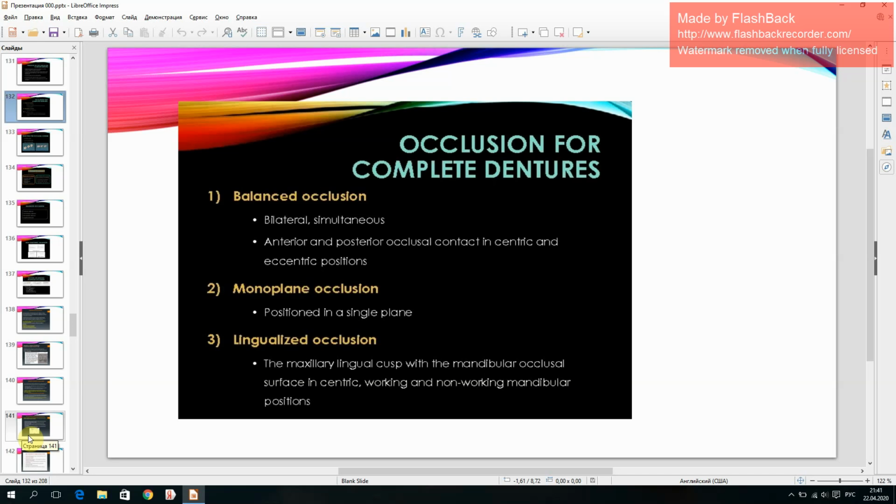Two, monoplane occlusion: teeth positioned in a single plane. And four, lingualized occlusion: the maxillary lingual cusp contacts the mandibular occlusal surface in centric, working and non-working mandibular positions.